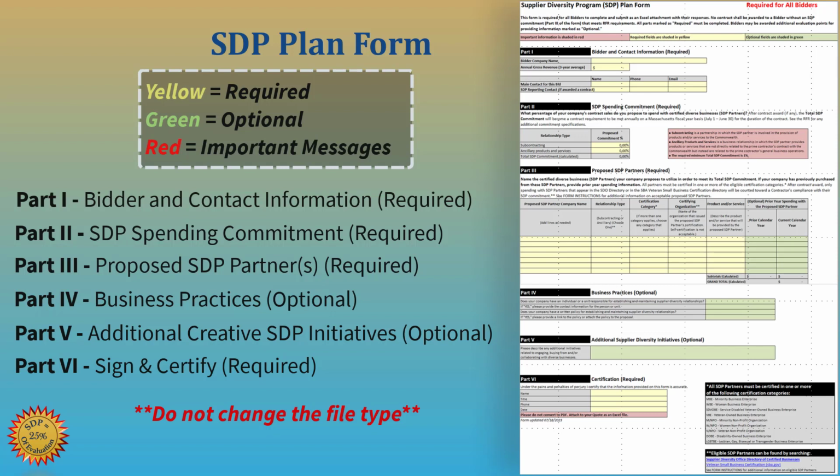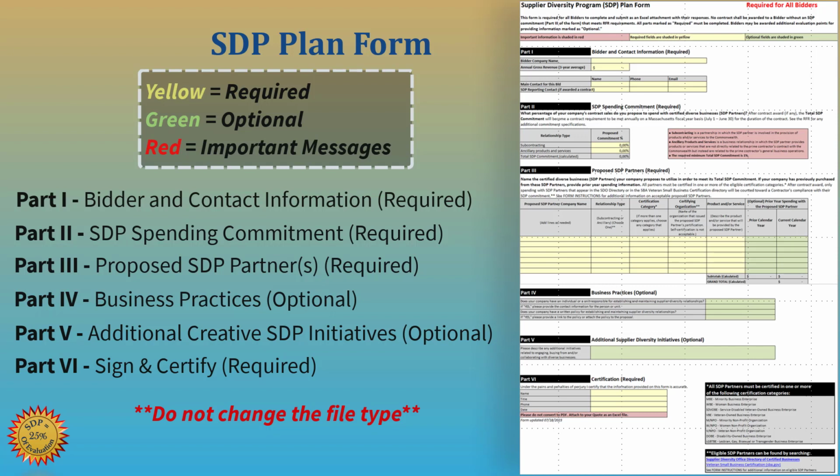While the green sections are not required, please note that additional evaluation points may be given for completing these optional sections. Bidders are reminded that reading the entire bid posting and all associated documents is essential, and responding as directed by the purchasing entity is required.